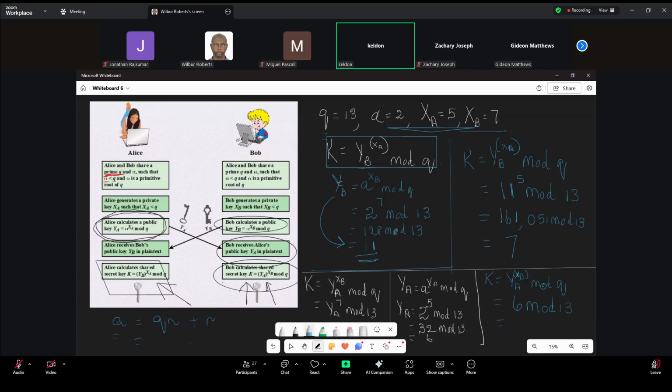I have a question. Since the formula is Y to the power XB, I thought you're supposed to put 6 to the power 7. That's not what it is. YA, yeah, something is wrong there. YA is equal to what? YA is equal to alpha to the XA mod Q, right?